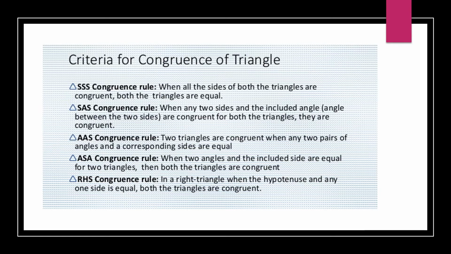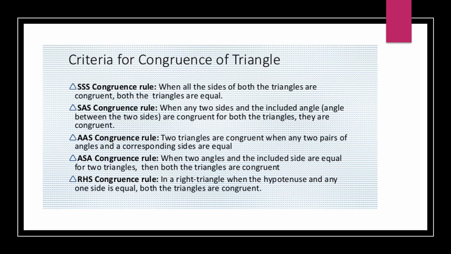Third is the AAS congruence rule, angle angle side, in which two triangles are congruent when any two pairs of angles and corresponding sides are equal. Fourth is the ASA congruence rule, angle side angle, in which two angles and the included side are equal for two triangles, then both the triangles are congruent.